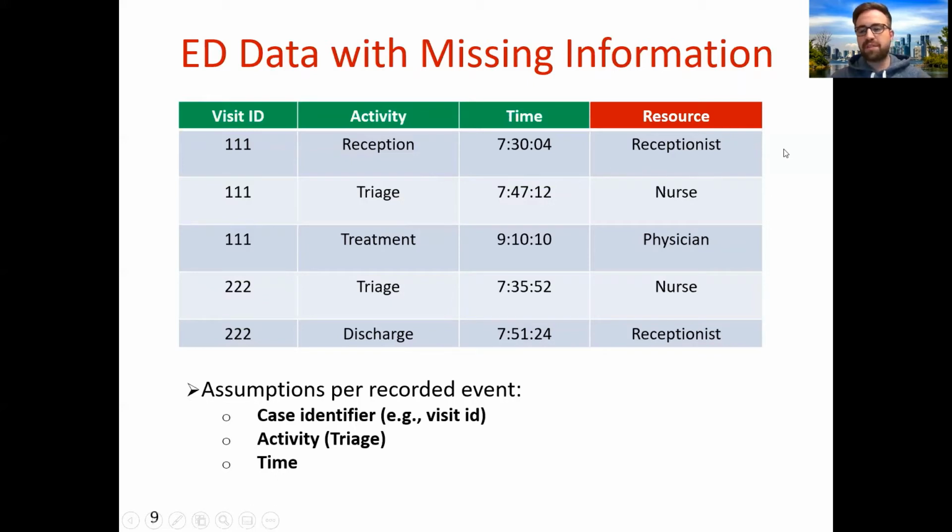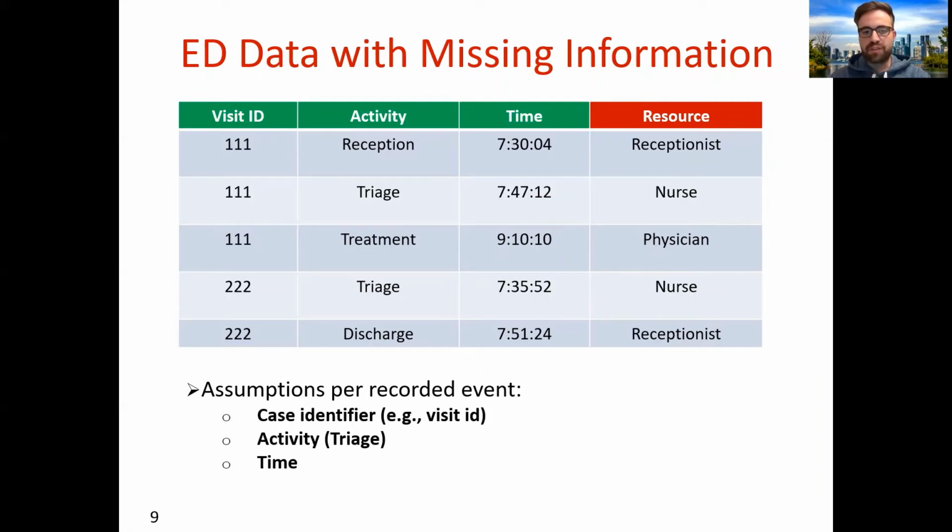Another piece of information that we usually assume to have in queue mining is the resource. For example, reception is performed by the receptionist, triage is performed by the nurse, treatment is performed by the physician. In this work, we're going to assume that this column is missing, because in all the emergency department data sets that we encountered in our experience, we do not have resource information, and the timestamp associated with an activity is only the start time or the end time for that station.